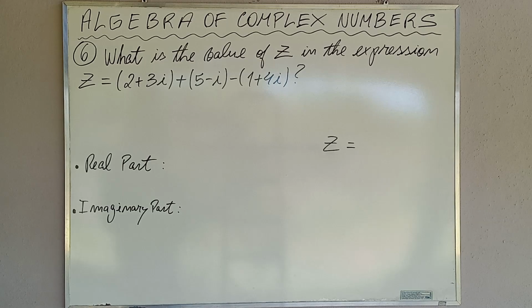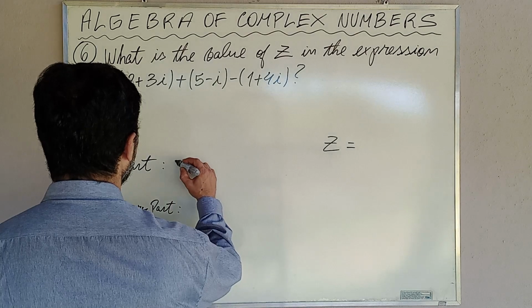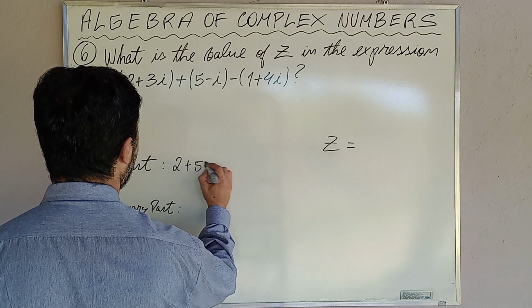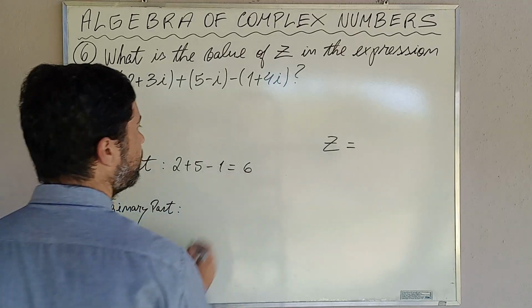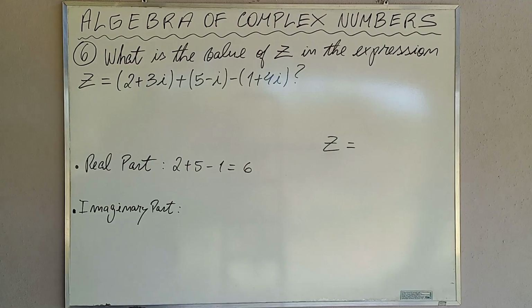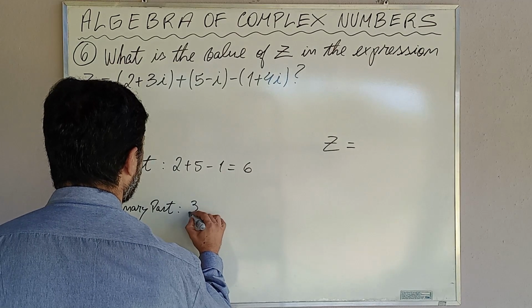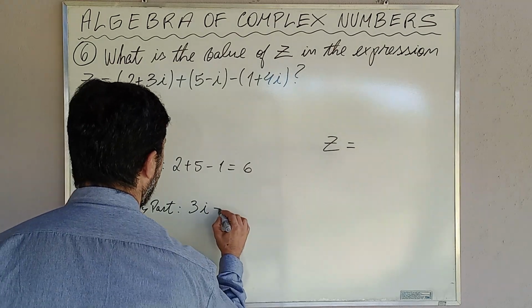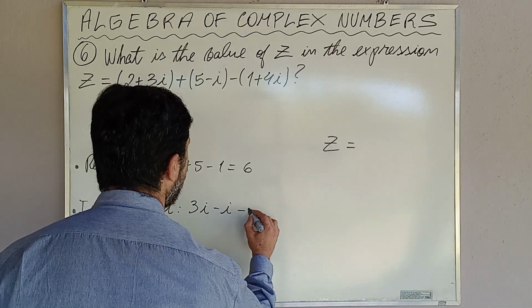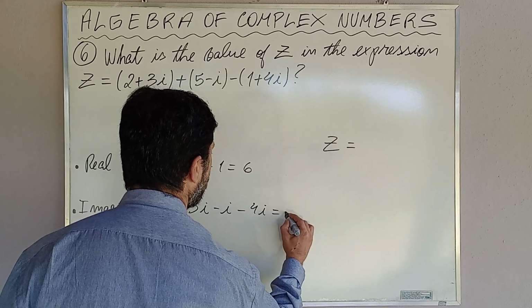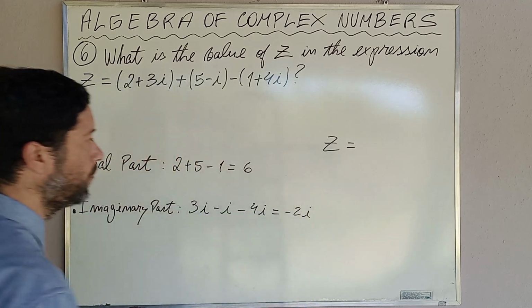Let's go to the solution. We must carry out the operation component by component as we did before. In this way, the real part will be 2 plus 5 is equal to 7 minus 1 is 6. The imaginary part, 3i minus i is equal to 2i minus 4i is equal to negative 2i.